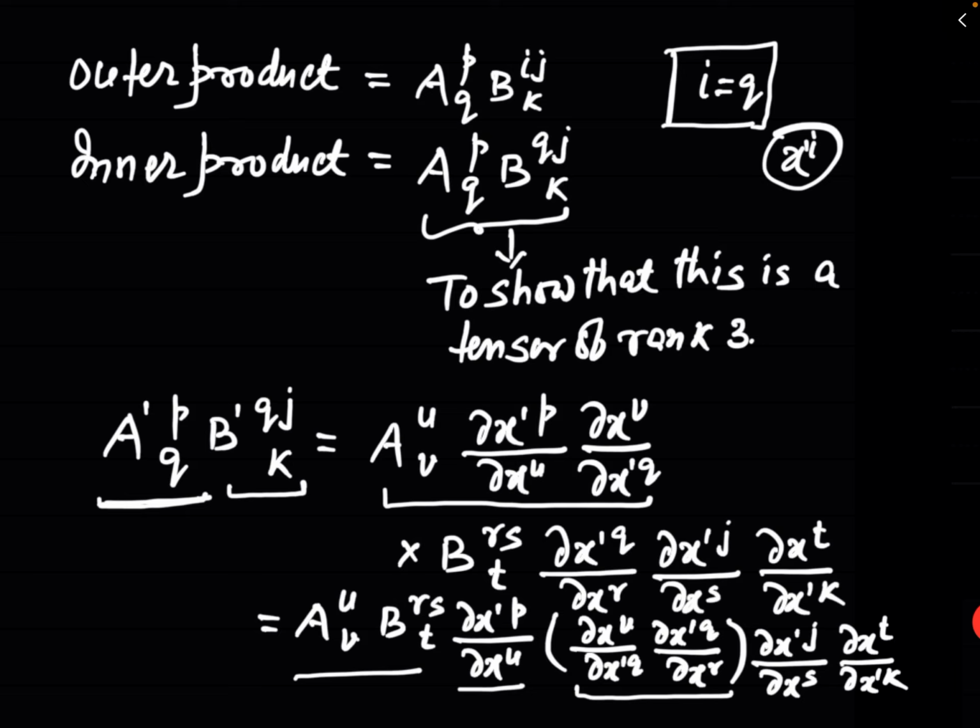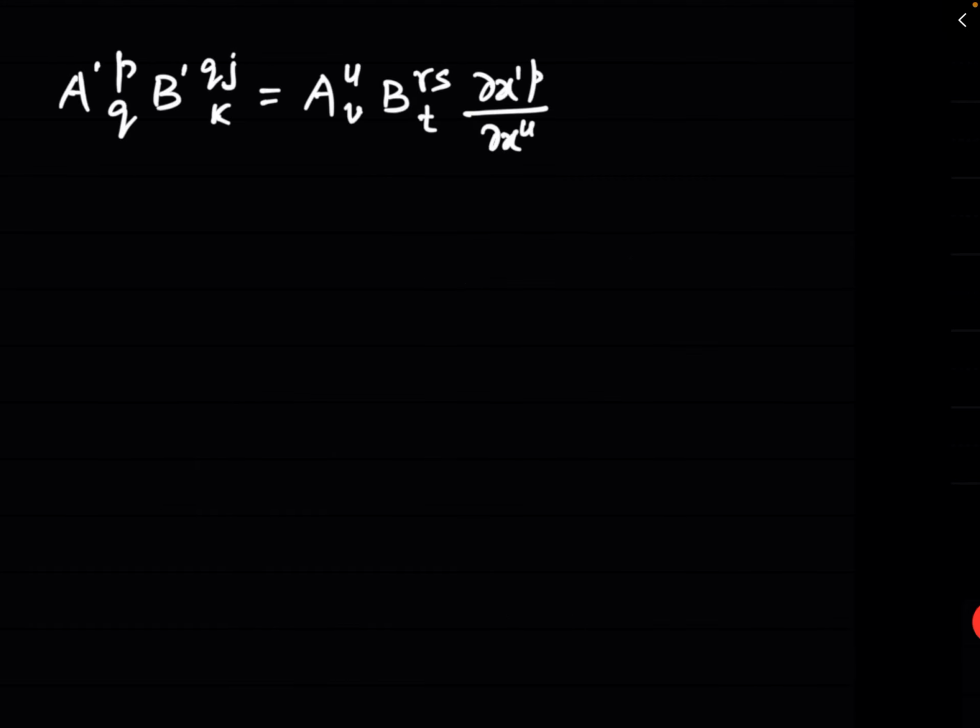And in this bracketed term, you can see this will be del x V by del x R, because del x prime Q will cancel out.